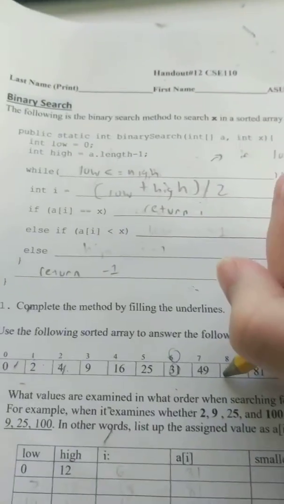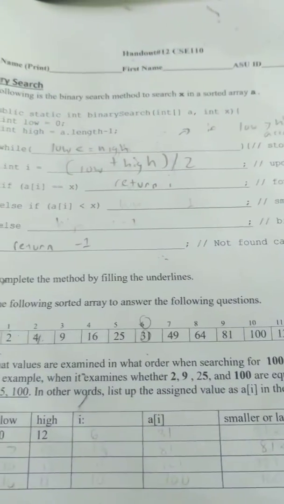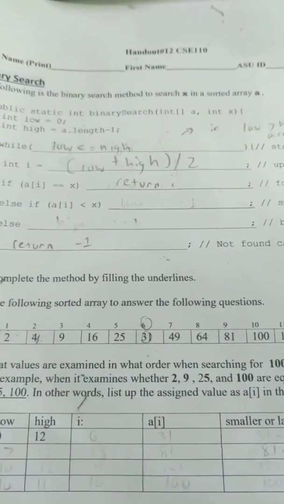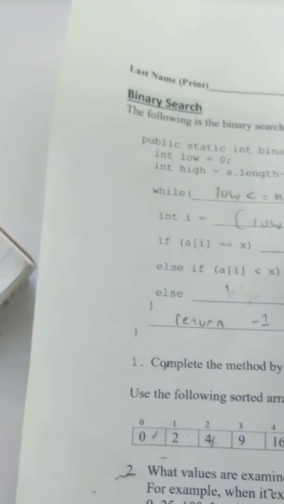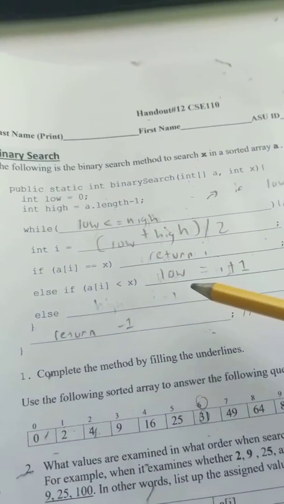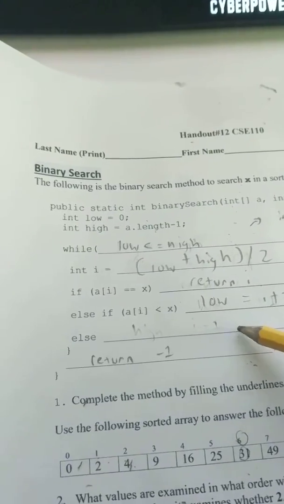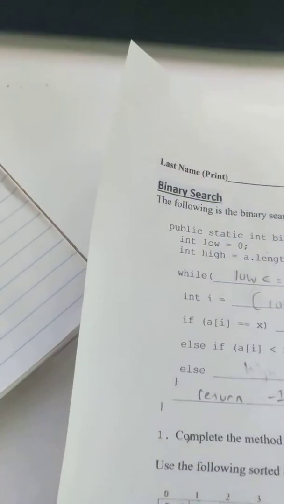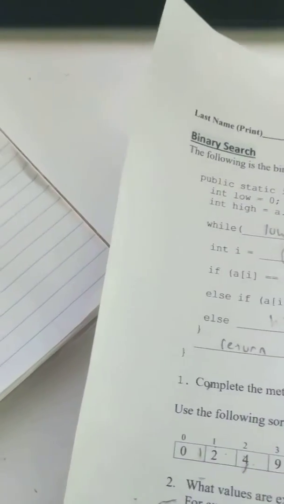So if we are searching for 100, if 31 is less than 100, we need to search in the right side of the array, meaning that low equals i plus 1. Yes, low equals i plus 1.